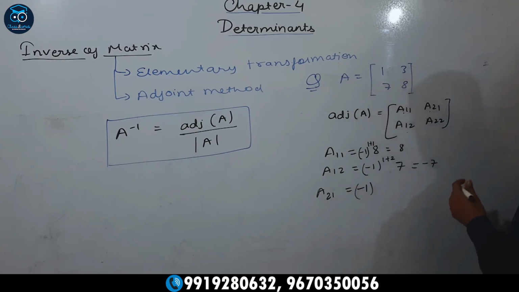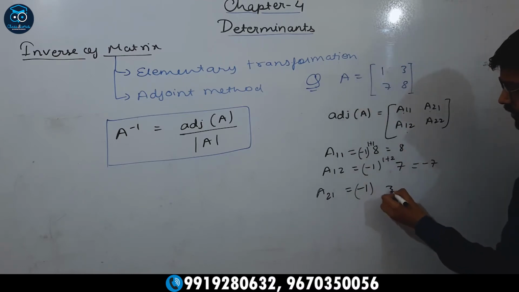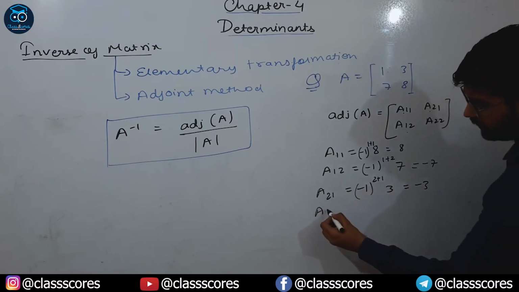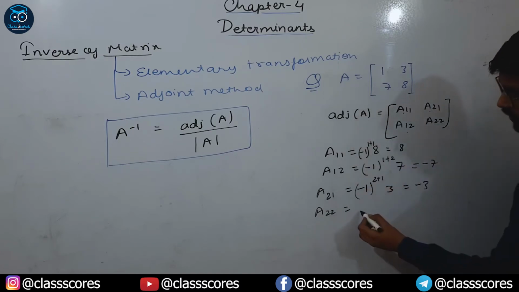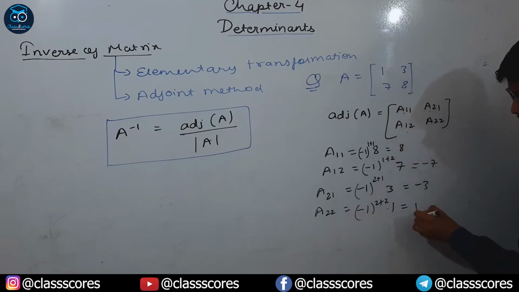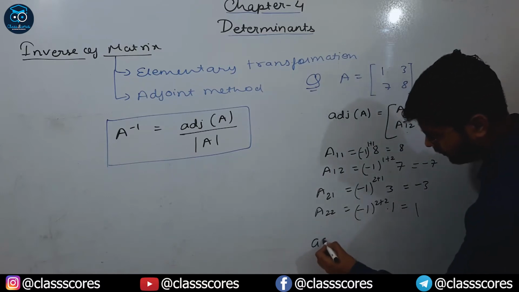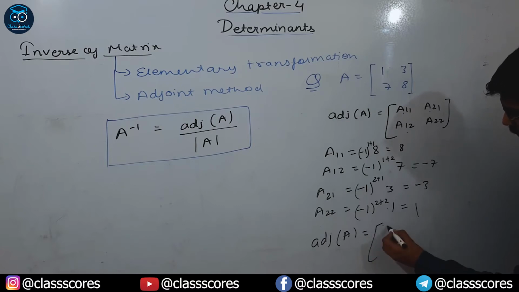A21, second row, first column removed, that is 3, so minus 3. And A22 is 1. So the adjoint of A equals 8, minus 7, minus 3 and 1.